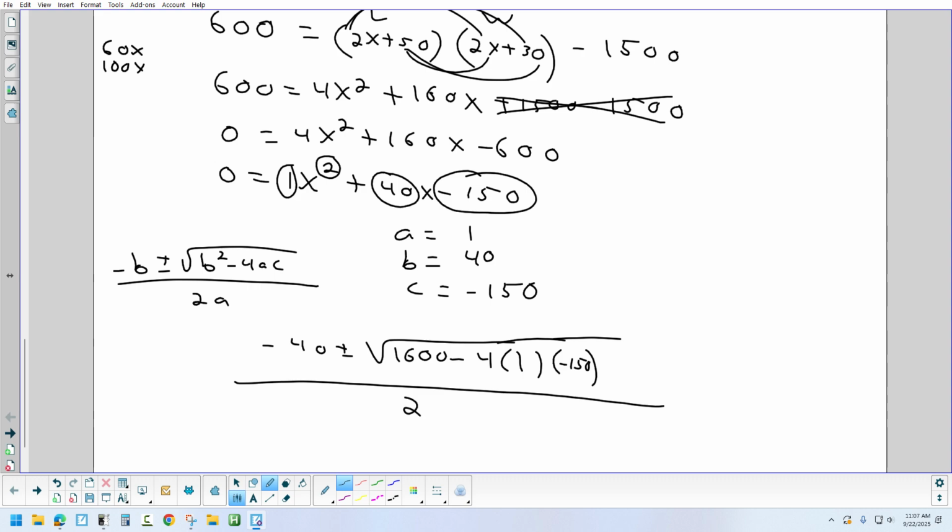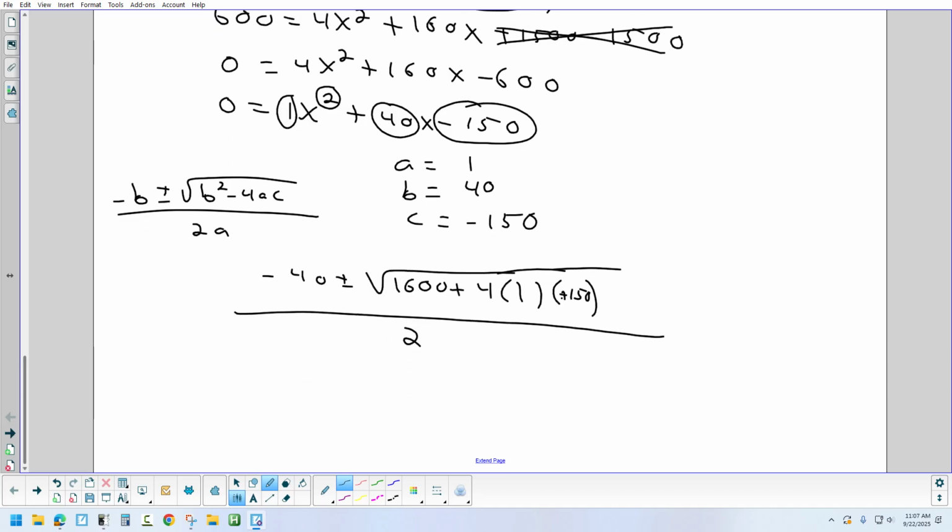Now, if you look under the root, we're going to be subtracting a negative number. What happens when you subtract a negative? It adds. It's going to turn into addition. So we can make those positive. What's 4 times 1 times 150? 600.